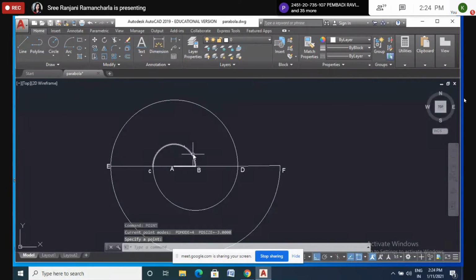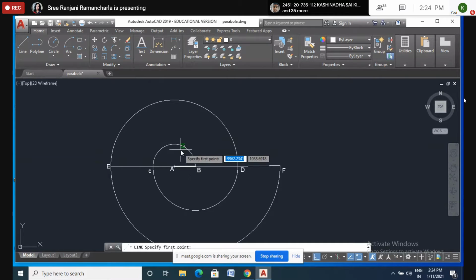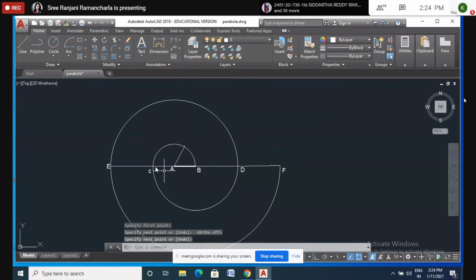Okay. So now for this curve, what is the center? This will be the center. If this is the center, then we can join A and this point. So what is this called?